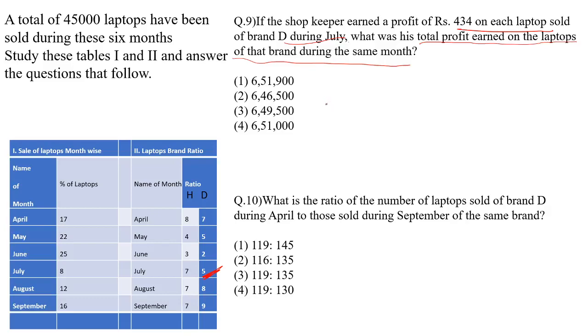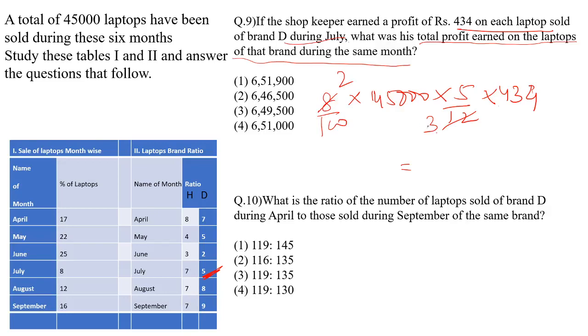So in July 8% laptops were sold, 8% into 45,000, 5 by 12, and multiplied by 434, correct? When you multiply all these, it will come to 651,000.